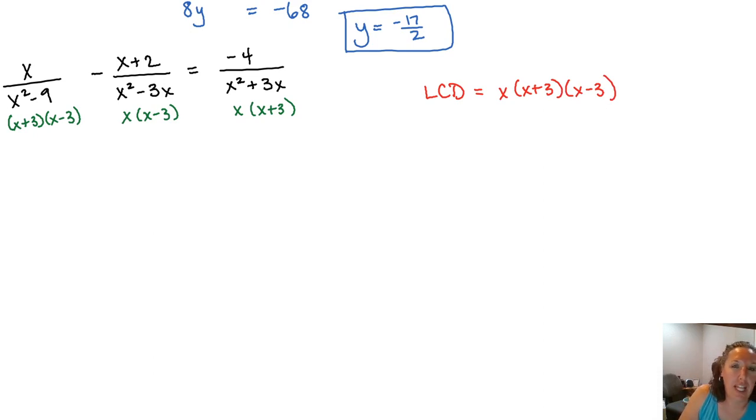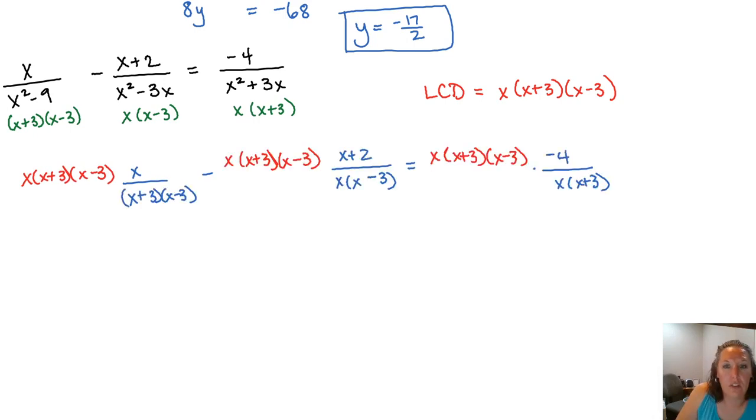Just like we saw in the last two problems, we are going to multiply both sides by our LCD. All right, so we've got everything multiplied. We can now look at dividing out our common factors. We have an x minus 3, x plus 3 on our first denominator. Our second denominator has an x and an x minus 3.